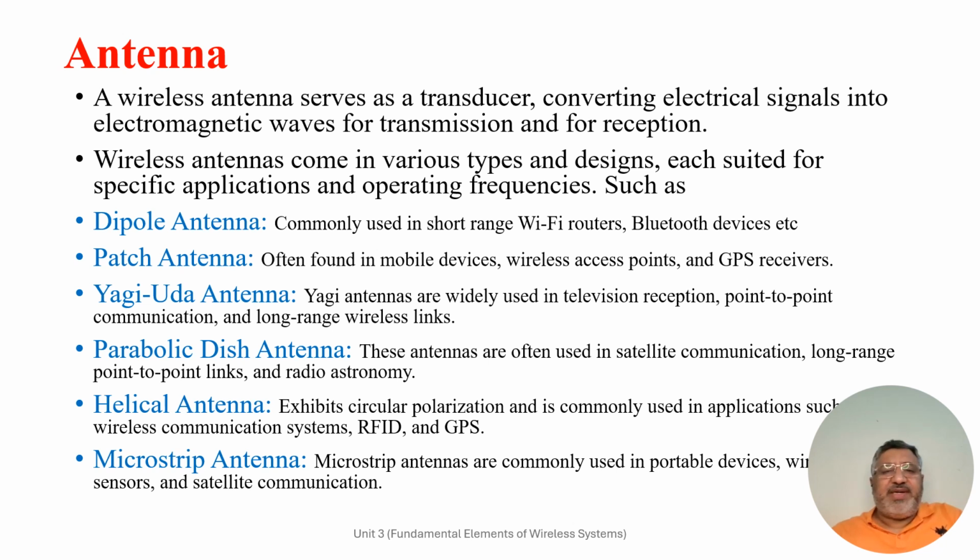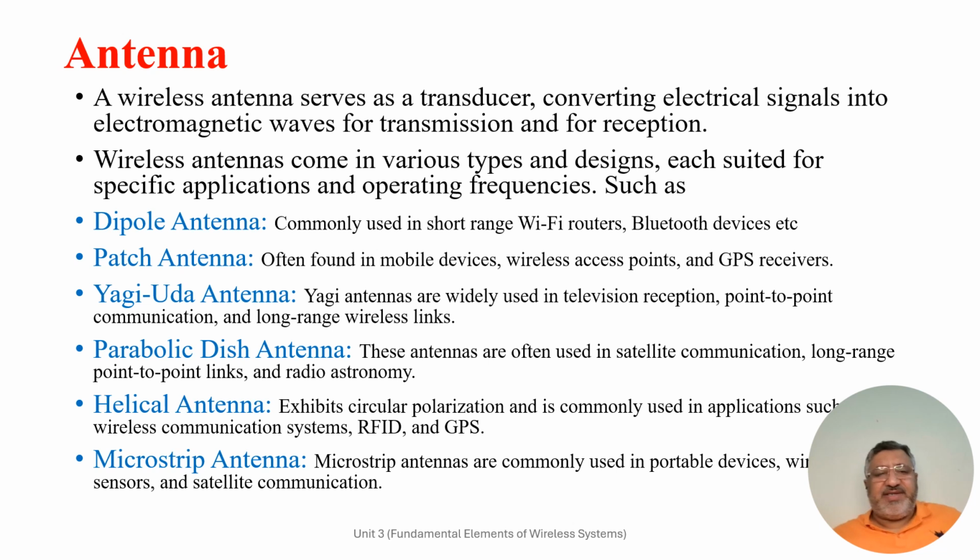Here are some common types of wireless antennas: dipole antenna, a very common example used for Wi-Fi purpose, and similarly Bluetooth. It is also used for Bluetooth and other short-range wireless applications.